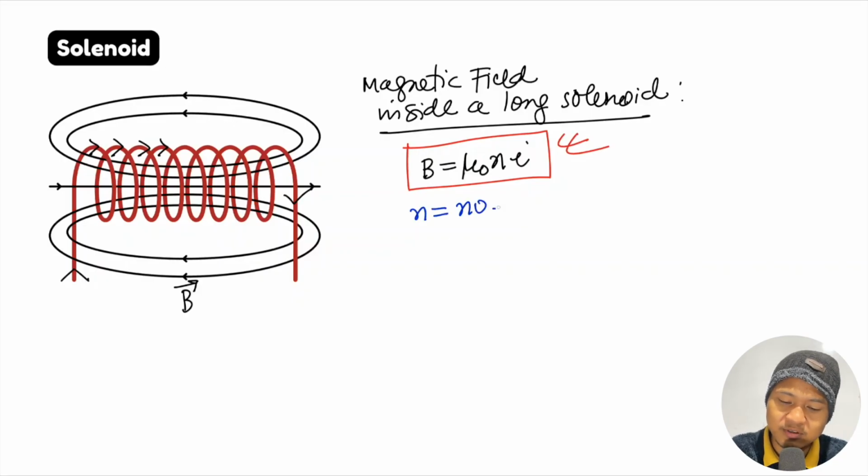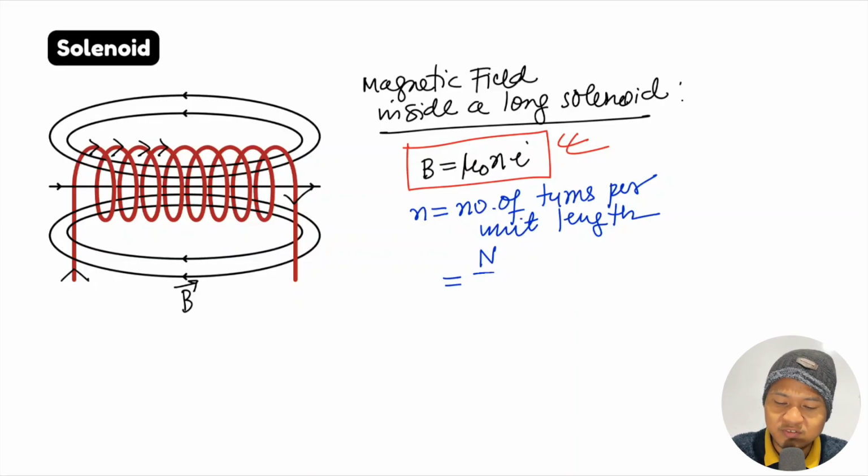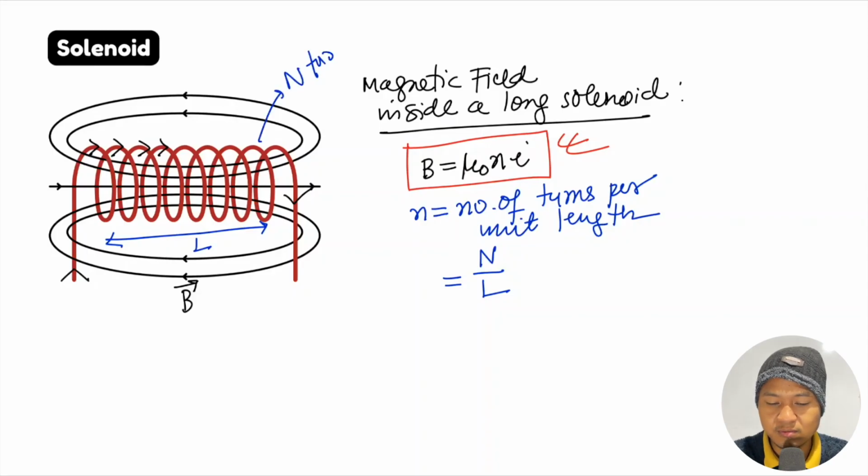Small n is the number of turns per unit length, so number of turns divided by length of solenoid. If the total length is L and the number of turns is N, then small n is N by L: number of turns divided by length of solenoid.